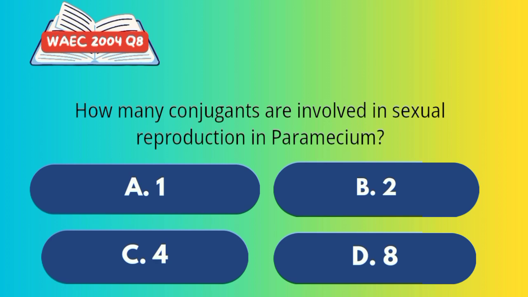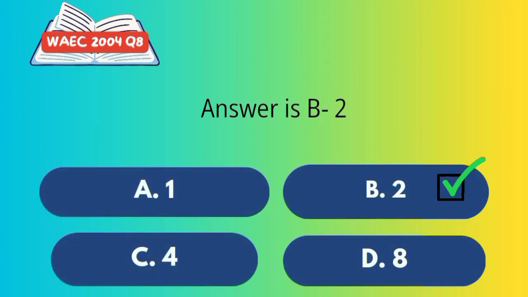Think about your options and pick the answer. The correct option is option B, 2. 2 conjugates are involved in sexual reproduction in paramecium to donate nuclear materials that fuse together to form a zygote.